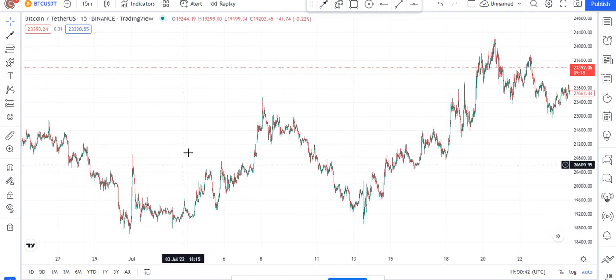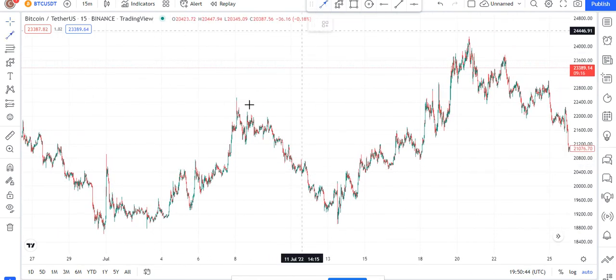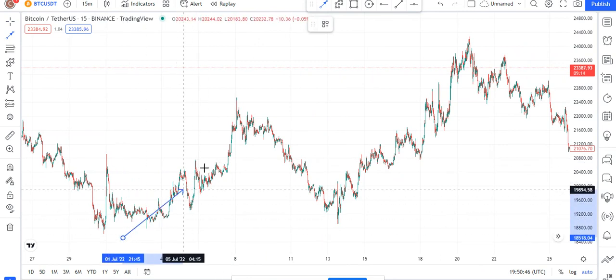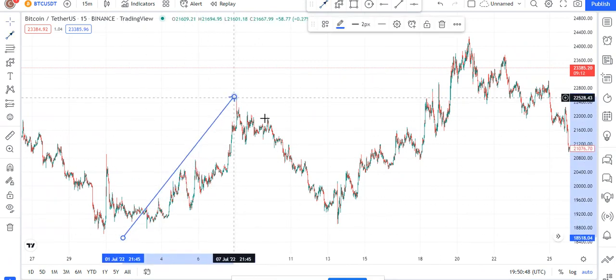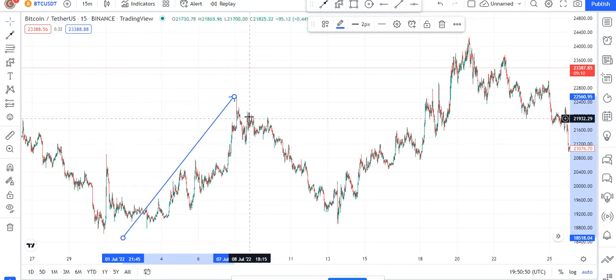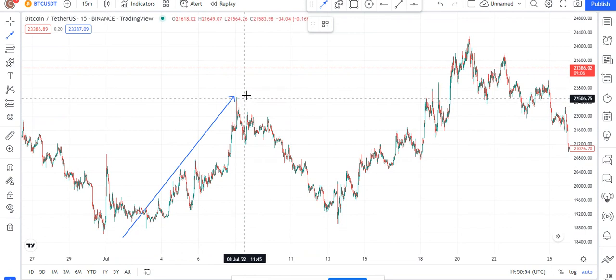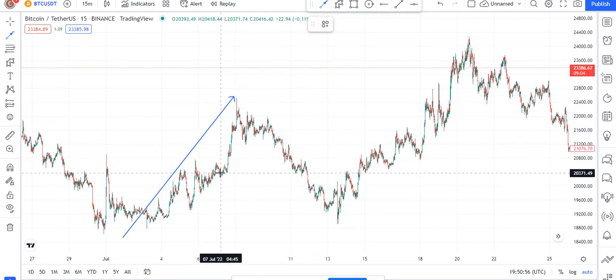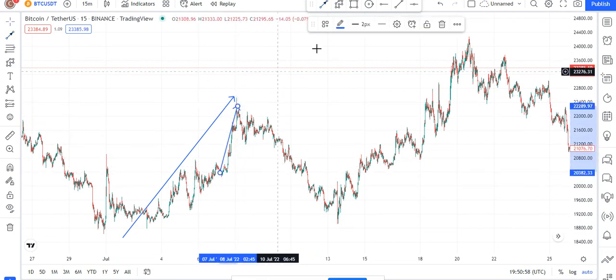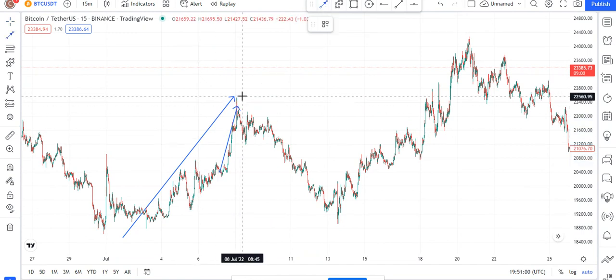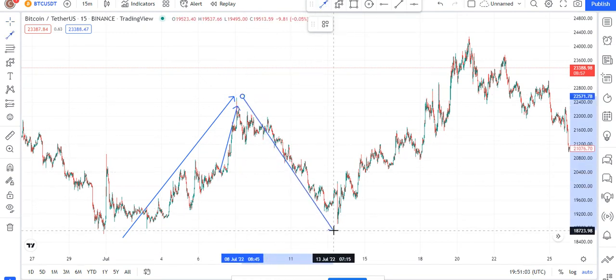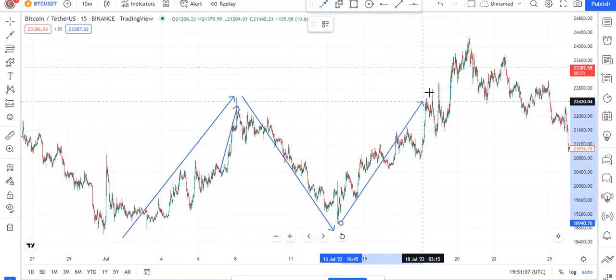If you think back to when I said price is fractal, you will understand why this is one big impulse move. So it starts a reversal in the sense that it wants to reverse for this entire big move. It's not just reversing for this small part inside here, it's reversing for the whole impulse that started before, so that the next big impulse can start again.